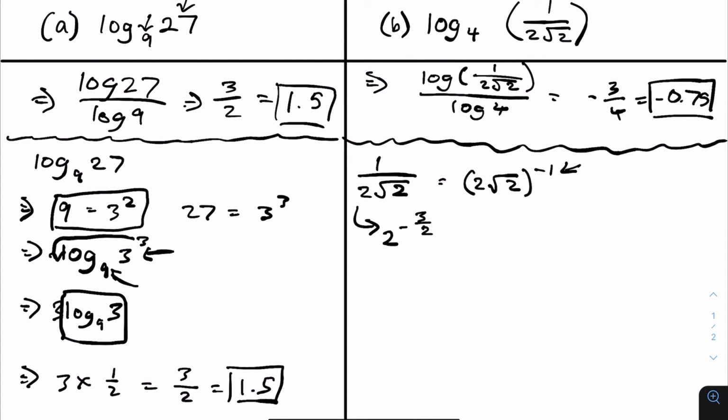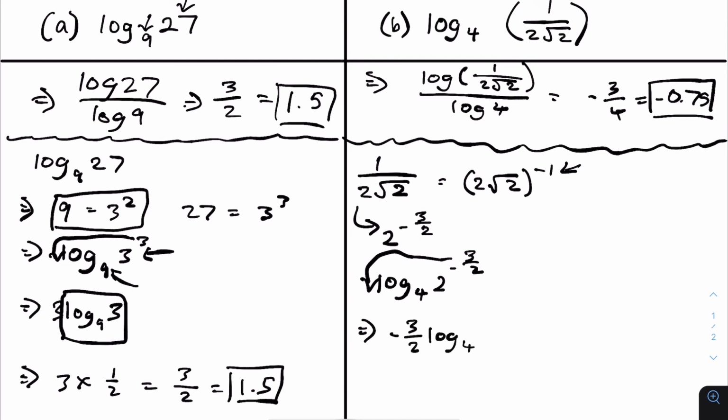Now we can write this as log to the base 4 of 2 to the power of -3 over 2. And we can bring the power to the front, making it -3 over 2 times log base 4 of 2. And this is very easy to evaluate, because we can rewrite it as 4 to the power of x equals 2.